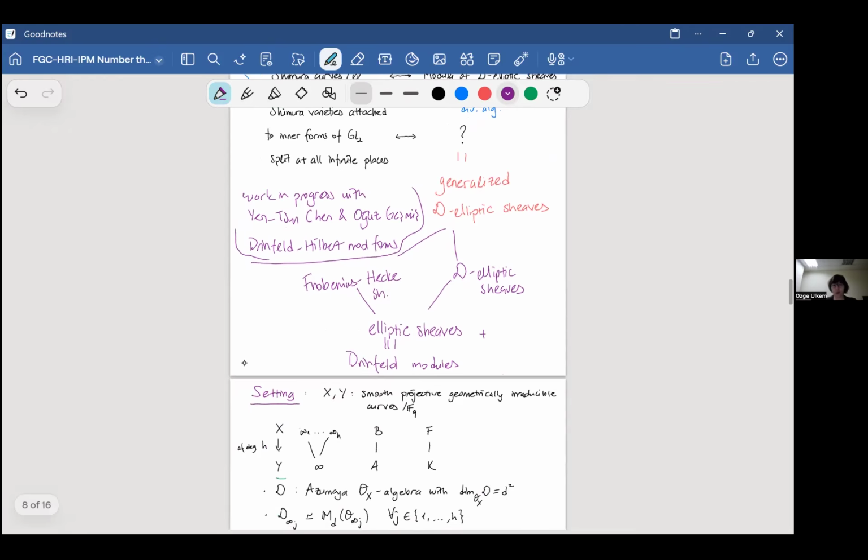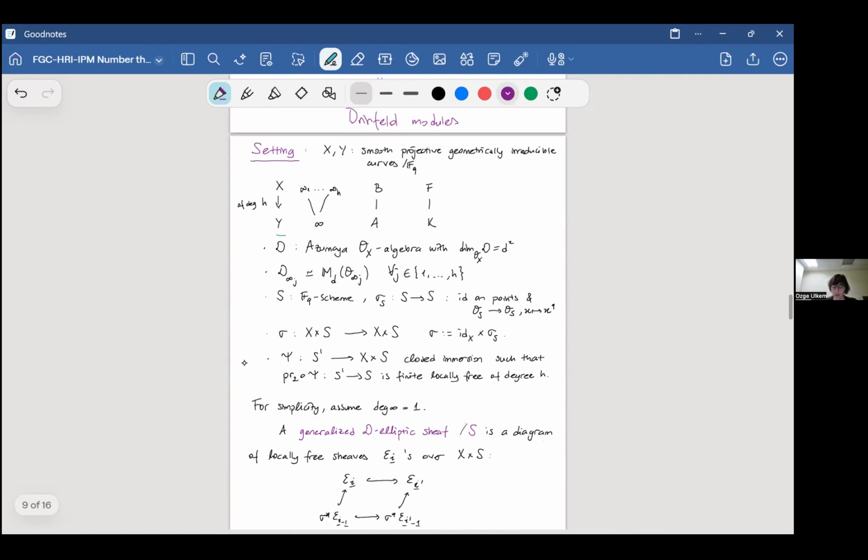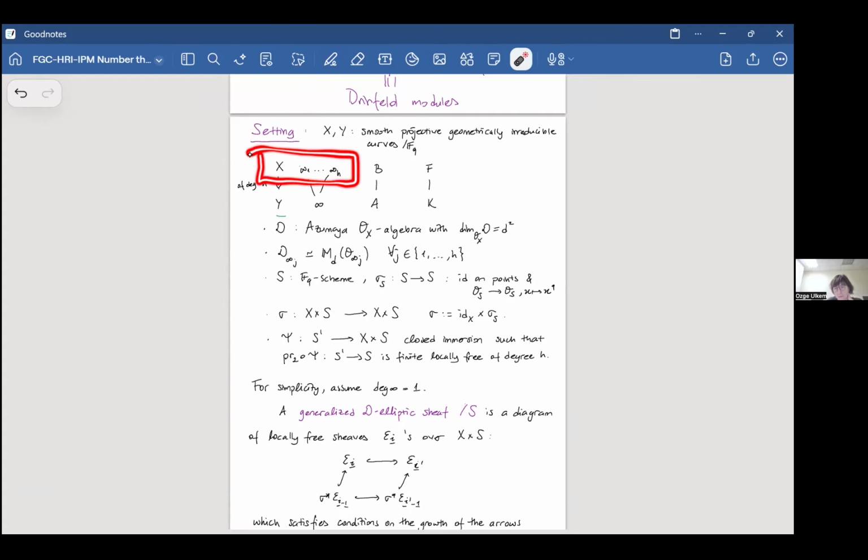So let's talk a bit on generalized D-elliptic sheaves. So far for Drinfeld modules, elliptic sheaves, and D-elliptic sheaves, we had one curve and one infinity. And then first Stuhler came and asked, okay, what if I take a finite covering of this curve so that this infinity splits completely. And then he worked over here.